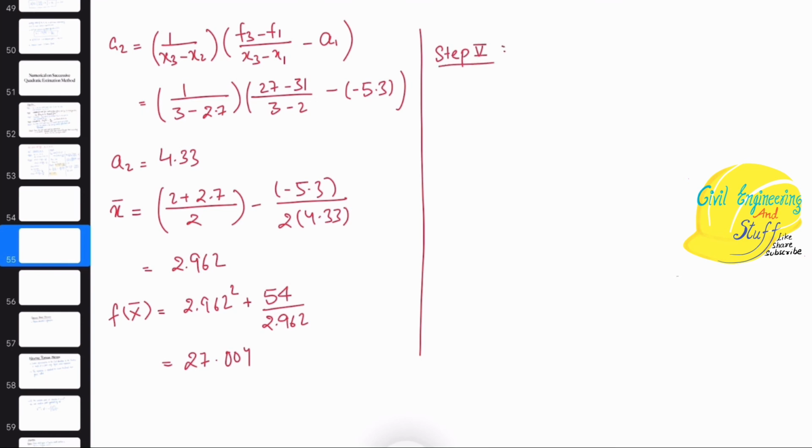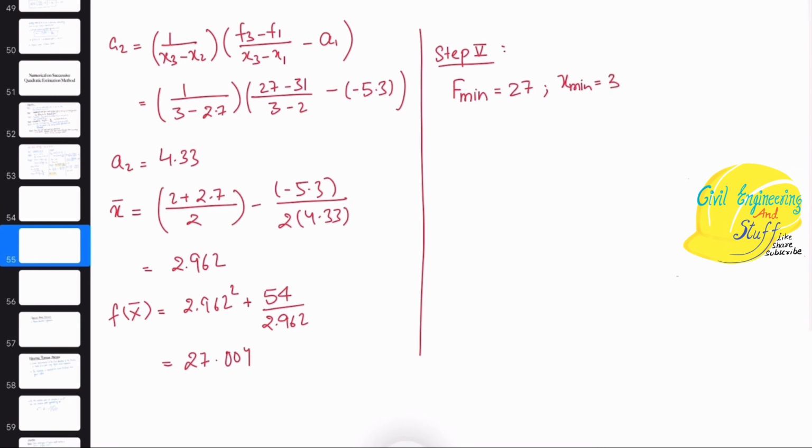Step 5. F minimum is 27, right, and x minimum is 3, right.